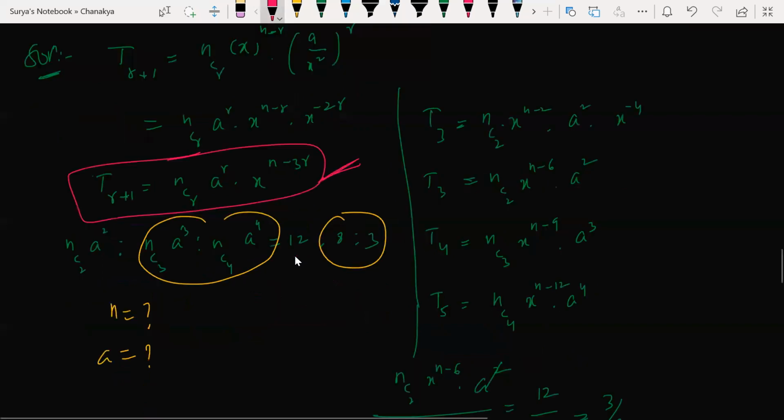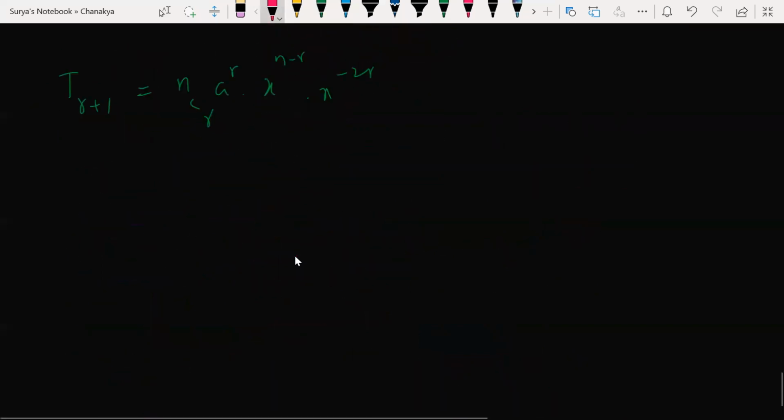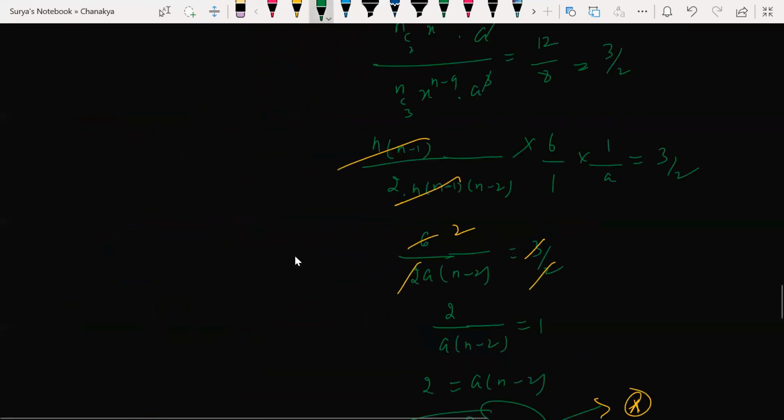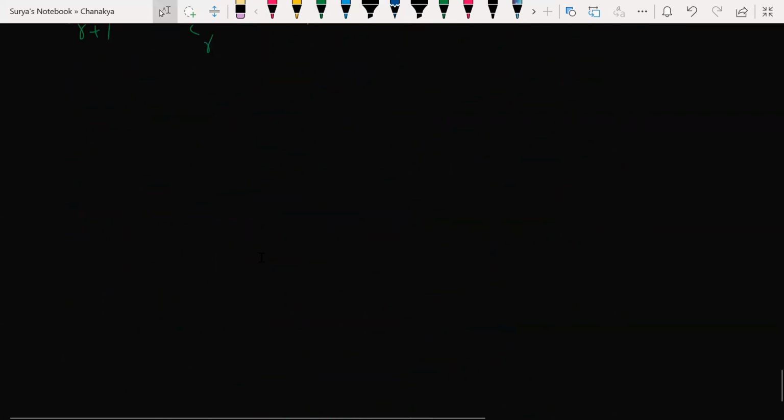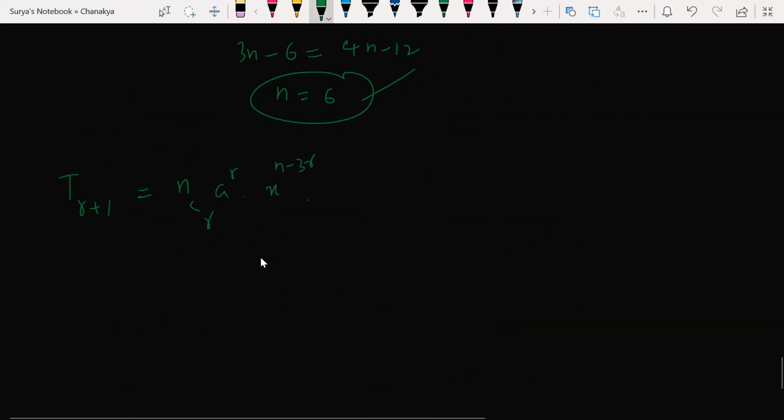Okay. Now look at this. Directly let's write nCr a to the power of r, x to the power of n minus r, x to the power of n minus 3r, right? So T r plus 1 is equal to n is 6, 6 C r, 1 by 2 to the power of r, x to the power of 6 minus 3r.